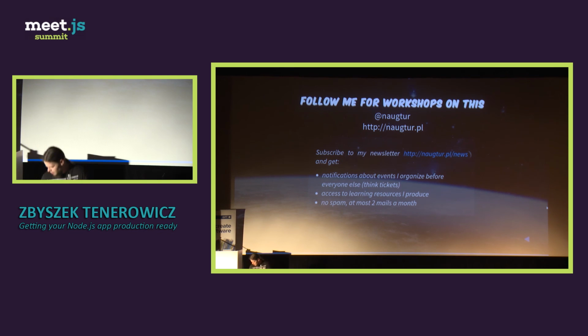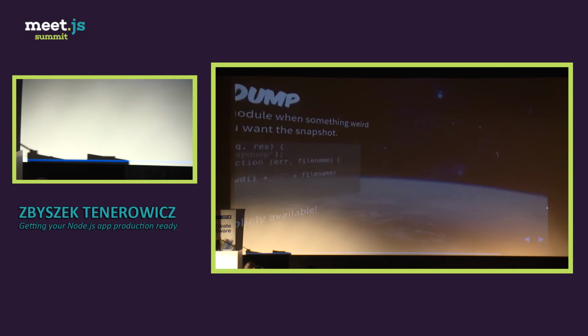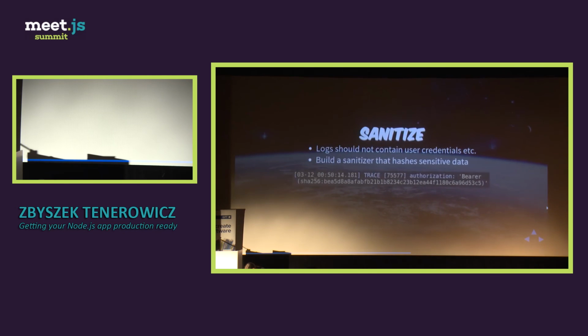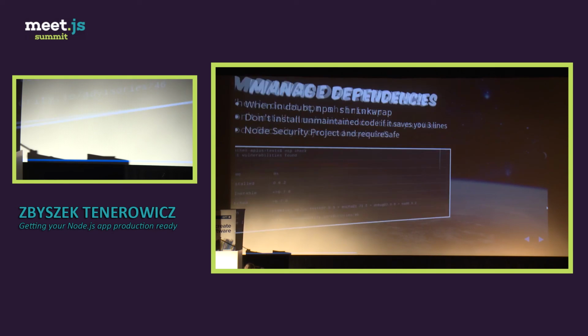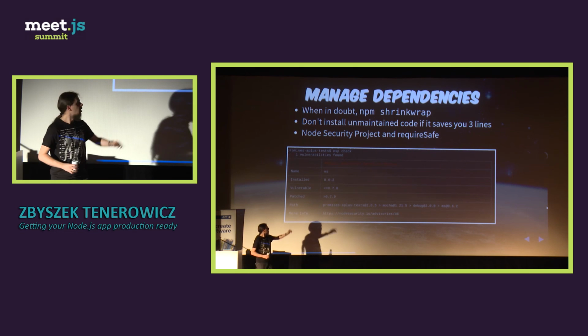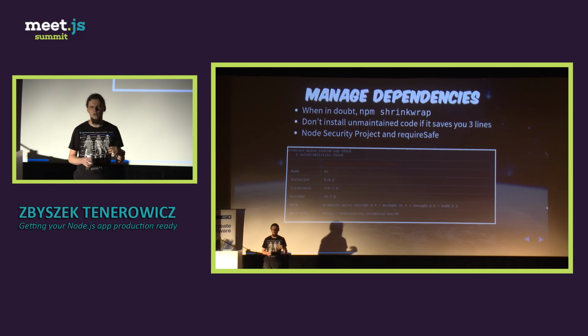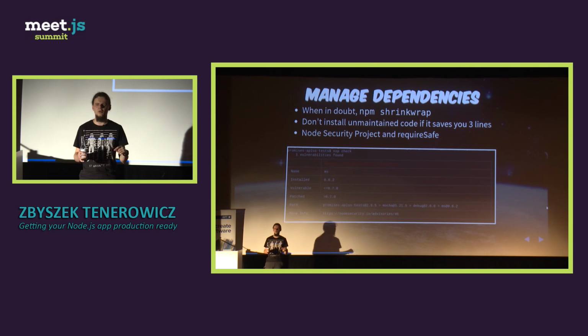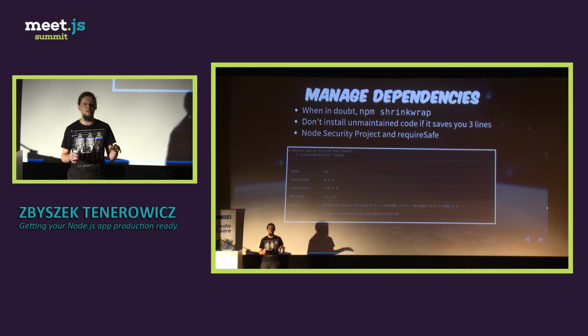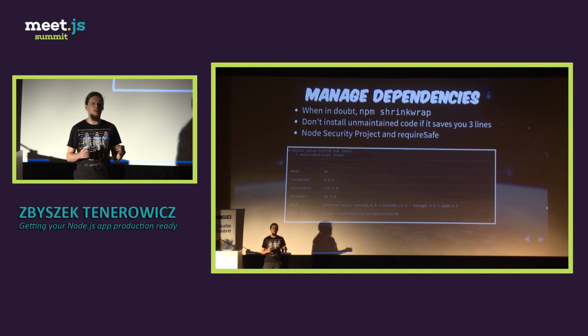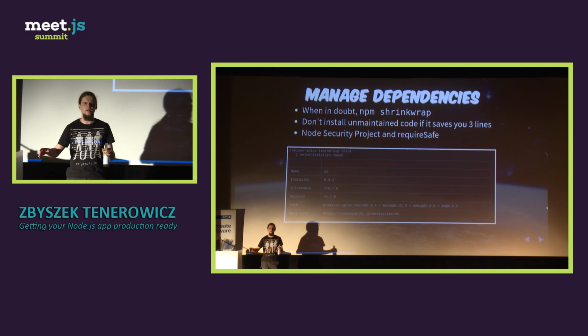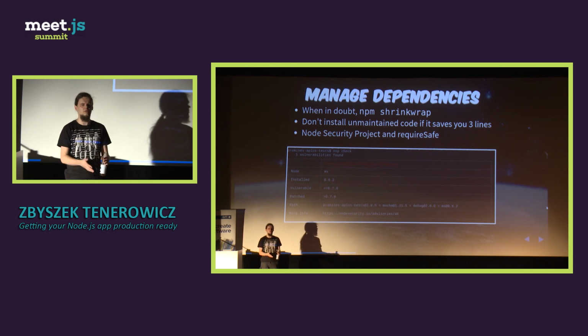I know what you mean, and there's this thing I didn't say out loud somewhere in here. Yeah, the first point here. When in doubt, npm shrinkwrap. This is a way to make sure that your dependencies don't change, because some people still like breaking semantic versioning. So if you use any relaxed version definition in your package.json, you can end up with a different version of the library you're using on production than on your development server.